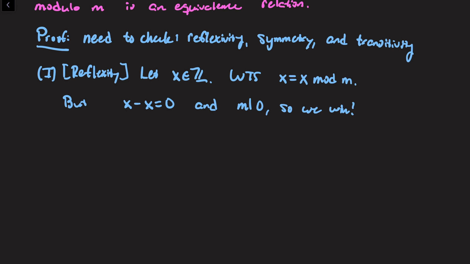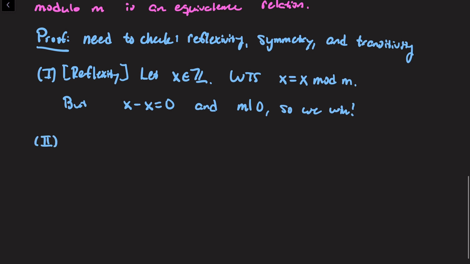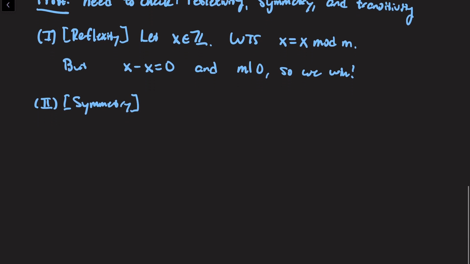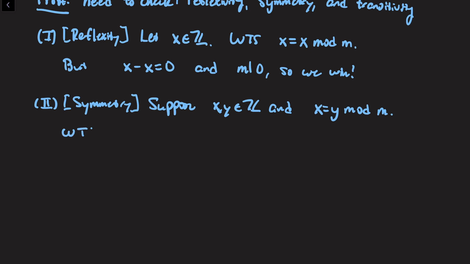Okay, number 2 is the symmetry. Suppose x and y are integers, and that x equals y mod m. So we want to show that y equals x mod m.